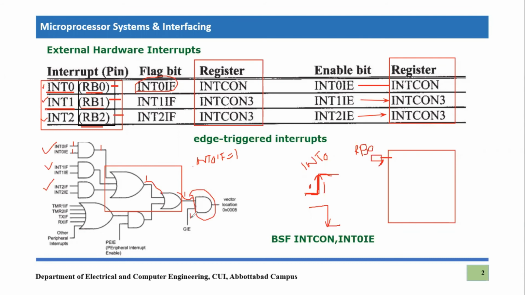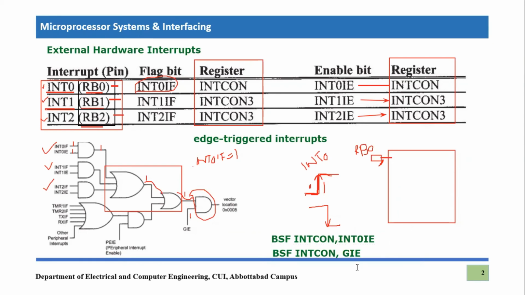So this is our global interrupt enable, which we have already discussed in the timer interrupt section, right? So you have to write another instruction to enable it: bit set file interrupt control, comma, GIE. We know that GIE is a bit present in the interrupt control register.